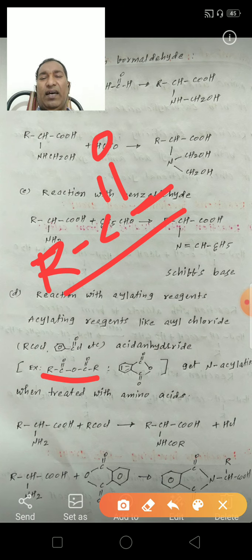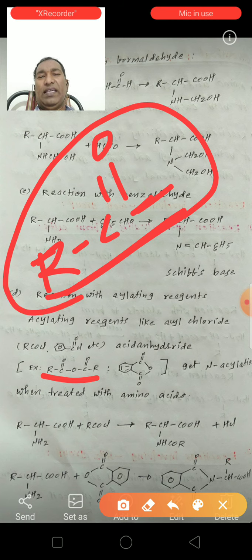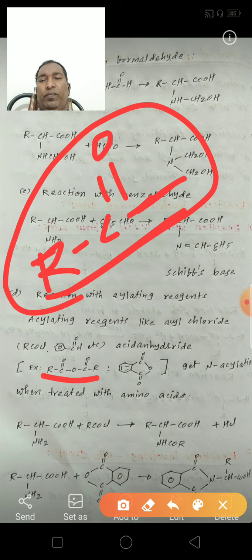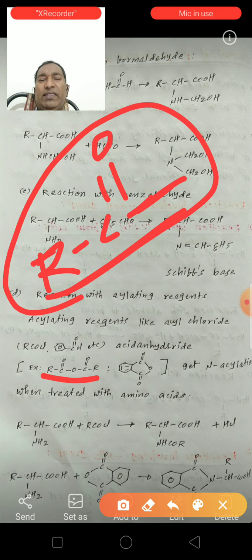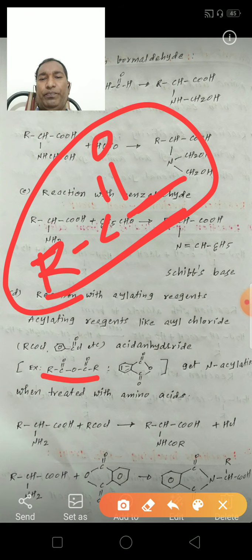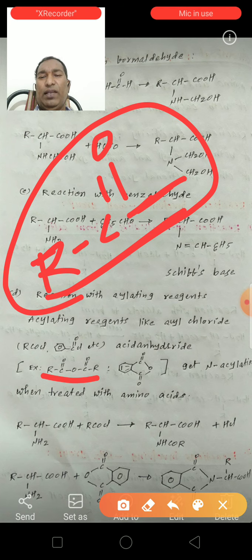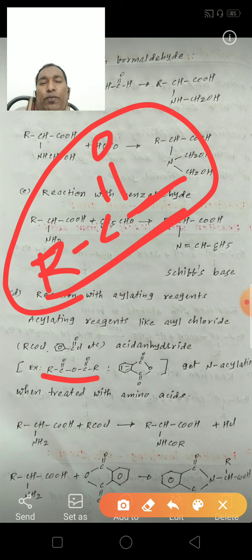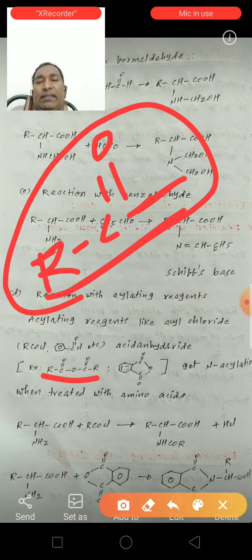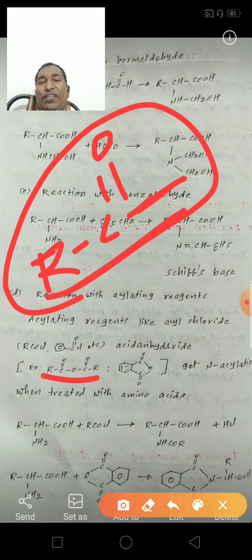These all donate the acyl group, R bond C double bond O group. So when amino acids react with acylating agents like acyl chloride, acetic anhydride, benzoyl chloride, they form N-acylation.